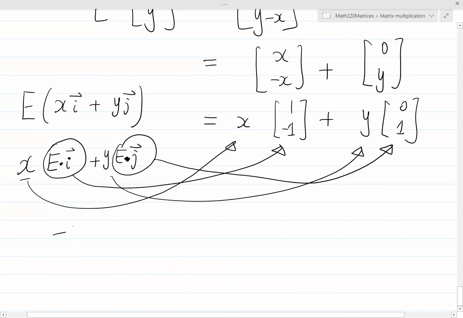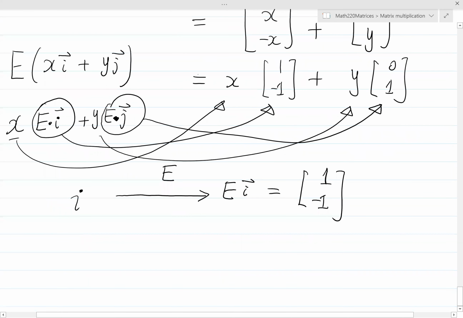So we can conclude that E is this operation. We plug in i under E, then we get E of i, which is (1, -1).